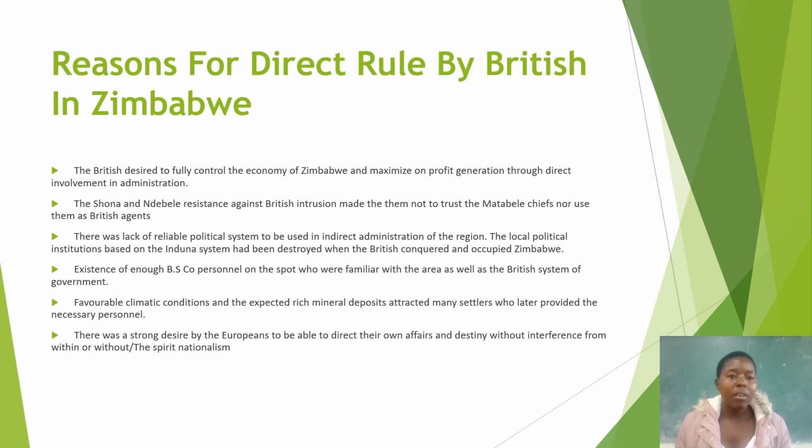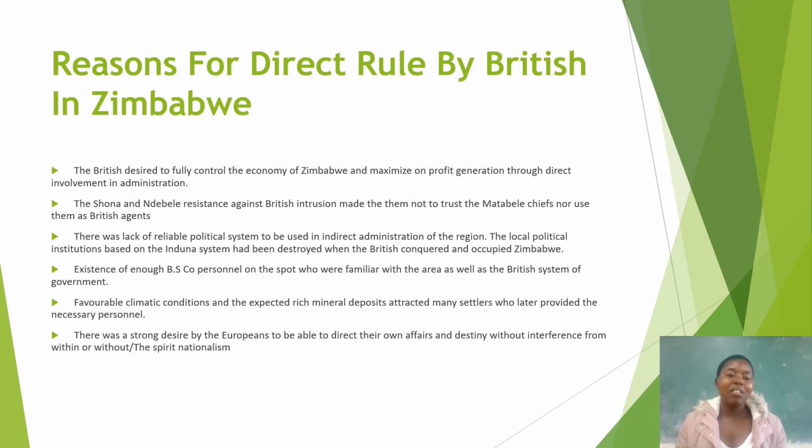Hi everyone, I'm Ruth Atieno and I'm going to take you through the reasons for direct rule by the British in Zimbabwe. The British desired to fully control the economy of Zimbabwe and maximize profit generation through direct involvement in administration.